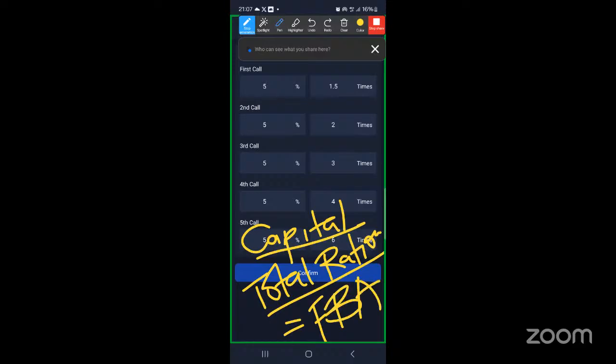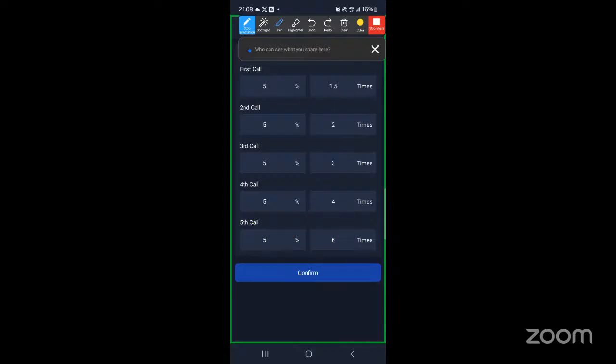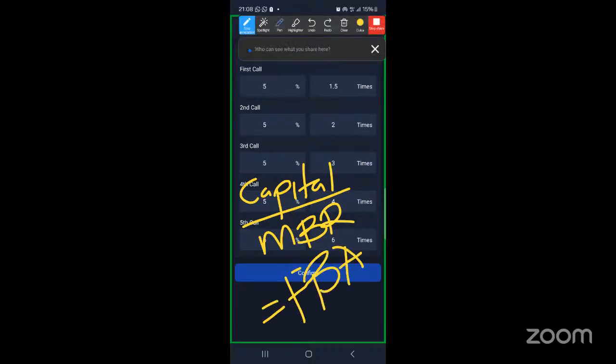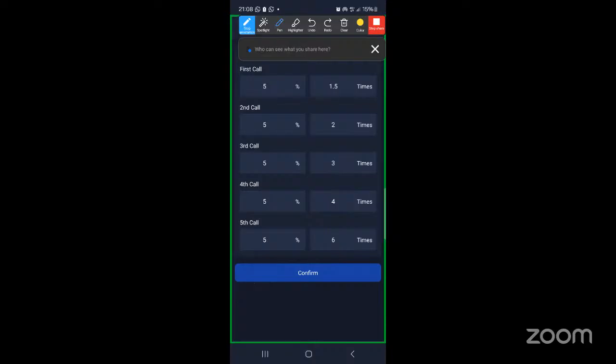That is the formula: capital divided by multiple buying ratio equals the first buying amount. Do you copy?